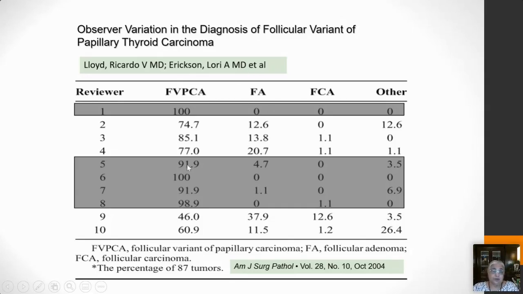And I just want you to see, this is the percentage of cases that people agreed on. Now you will find that 5, 6, 7, and 8, and the 6 in particular, called everything follicular variant of papillary thyroid carcinoma. There were others who didn't agree. There were others who called things follicular adenomas, and these were all the same cases. So there was obviously something that was going on.